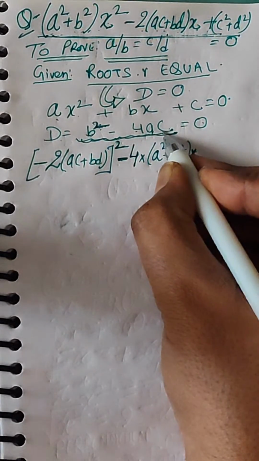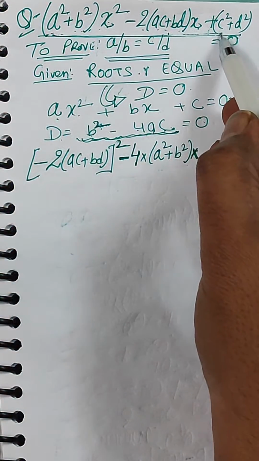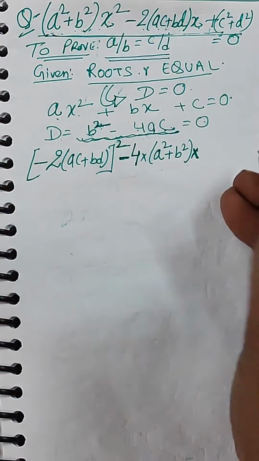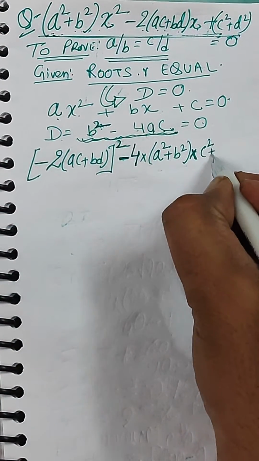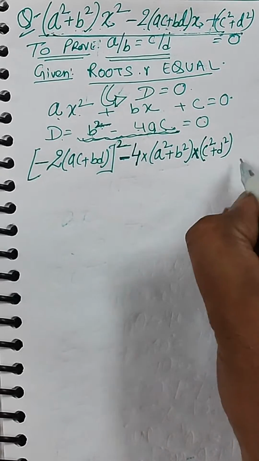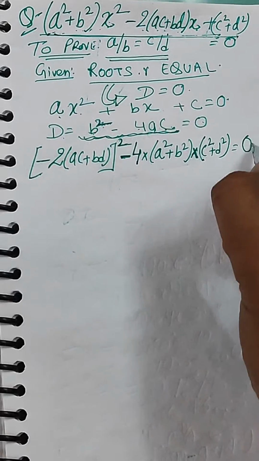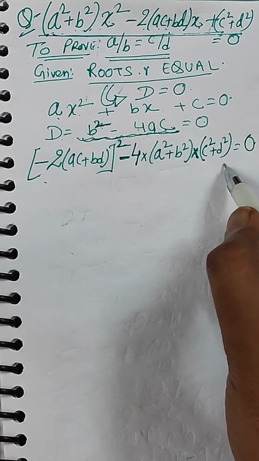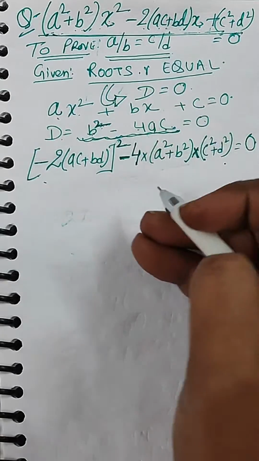What is c? C is the constant term. So the constant term in our quadratic equation is c square plus d square, and this is equated to 0. So just solve this, then obviously we'll be getting a by b equal to c by d.